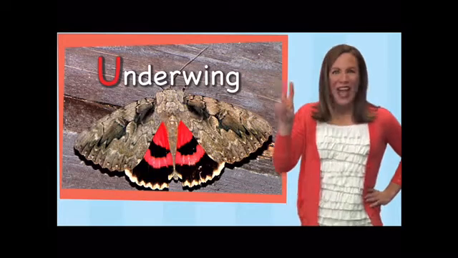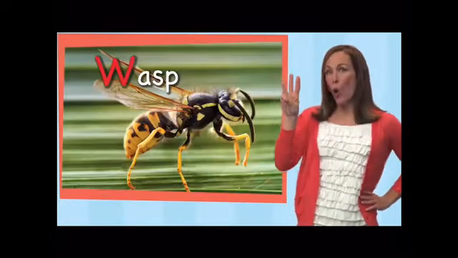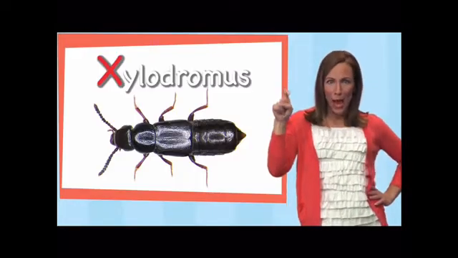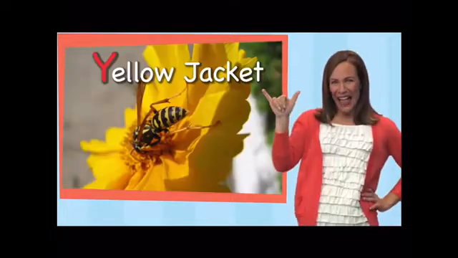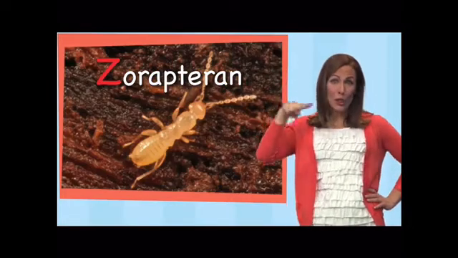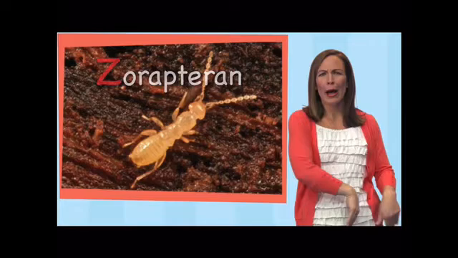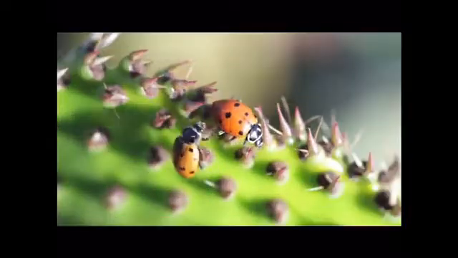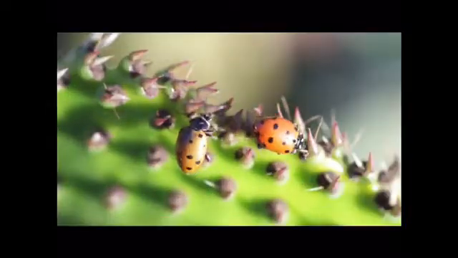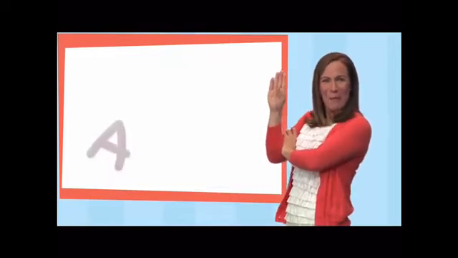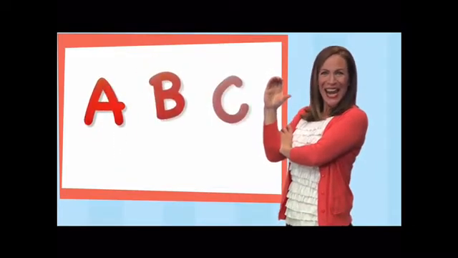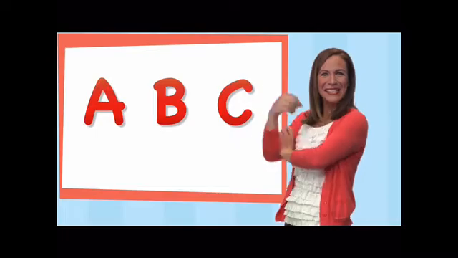Underwing U, velvet ant V, wasp W, xylodromus X, yellow jacket Y, zoraptor and Z. They don't bug me, no they don't bug me. Bugs don't bug me in the ABCs.